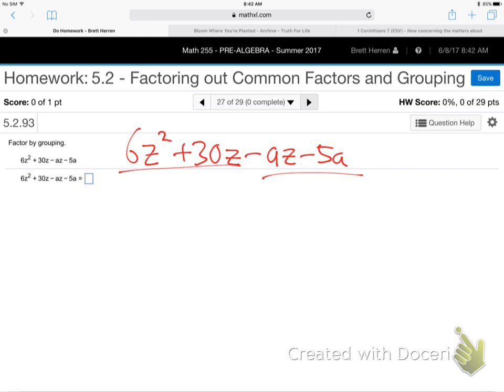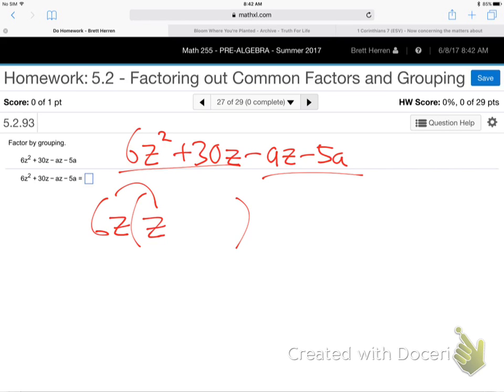So first two, last two. What do the first two have in common? 6 goes into both of them, and they both have a z, for just the first two. All right, 6z times what?